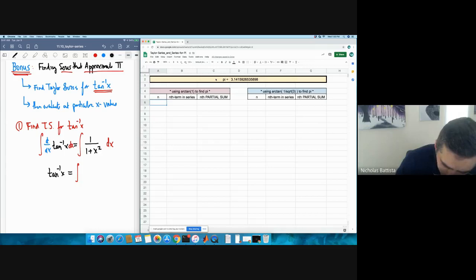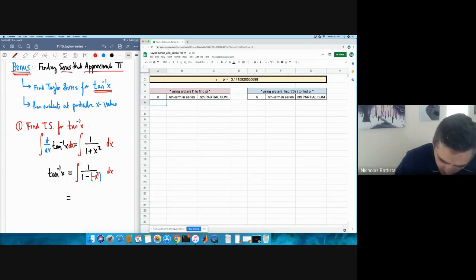And this comes back to the idea of using our stencil for 1 over 1 minus some quantity. Inside those blue parentheses, here we just have minus x squared, and we know what series this is coming from.